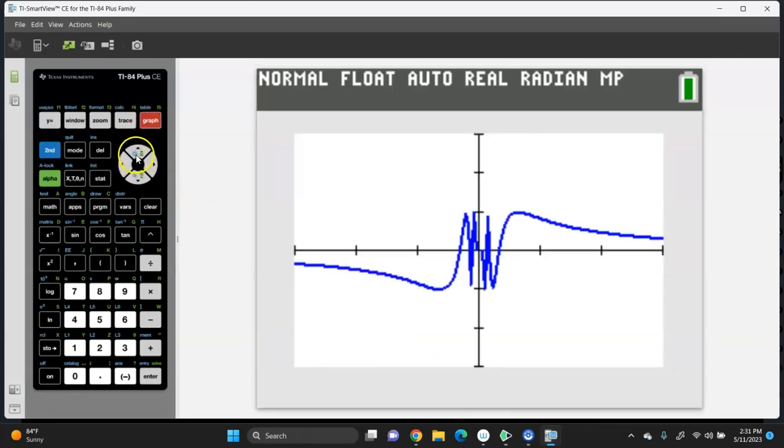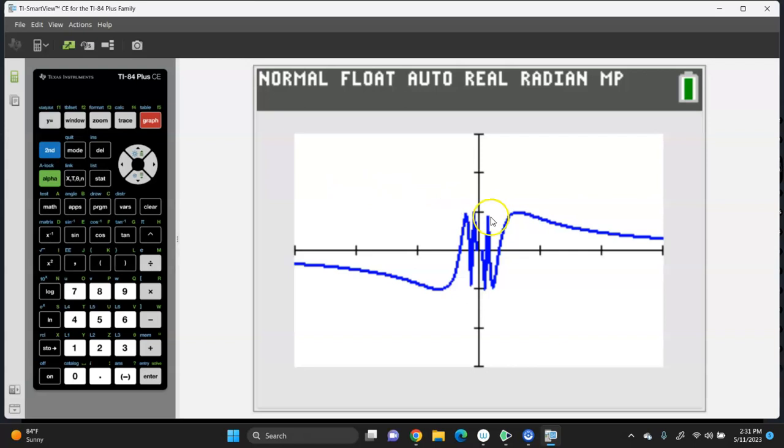If we look at this graph, this is a really weird graph. This is what we call oscillating behavior. The best way I can explain that is, if you took a yardstick and just twanged the end of it, it would go back and forth, back and forth, back and forth.